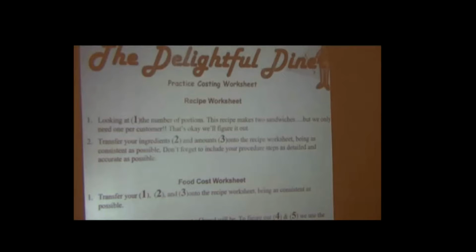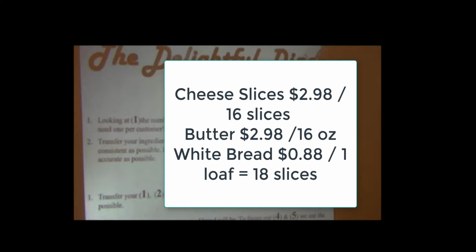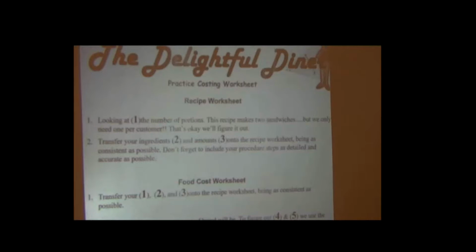So for this practice one, we're going to do grilled cheese, and it makes 2 sandwiches, but we only need 1 per customer. So what we're going to do is figure that out. So going back to number 1 again, the number of portions that this makes is 2. However, for each customer, they get 1 sandwich.